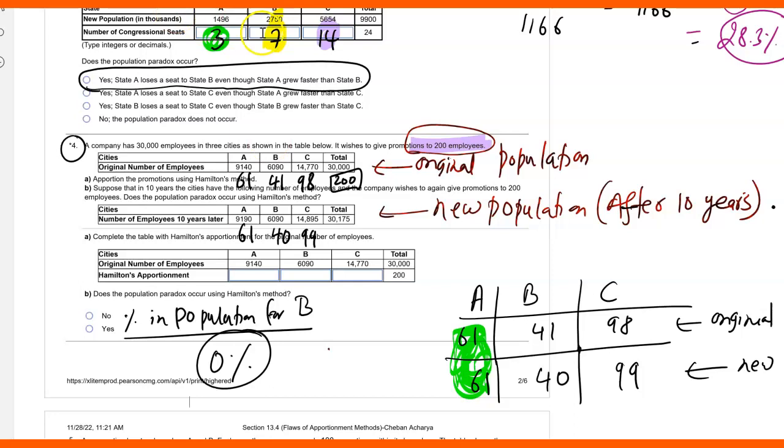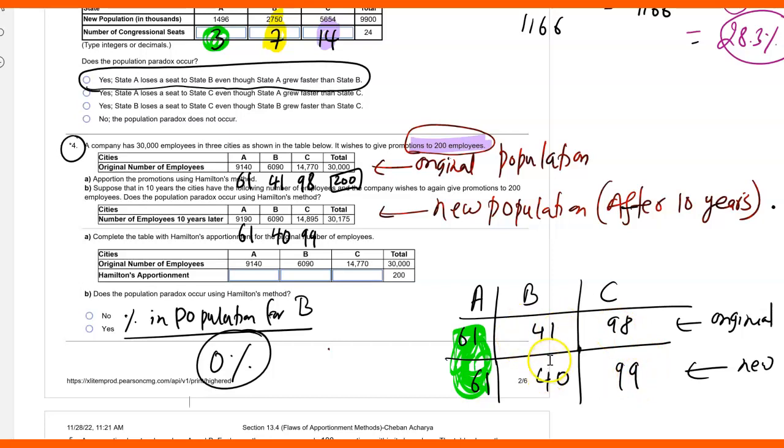Obviously, C's population increases by some percentage, because C's original population is 14,770 and the new population is 14,895. Therefore, C grew faster than B, and C gained the item, but B loses.